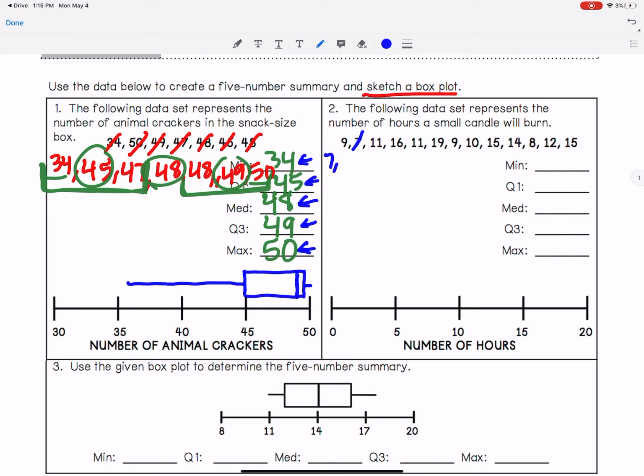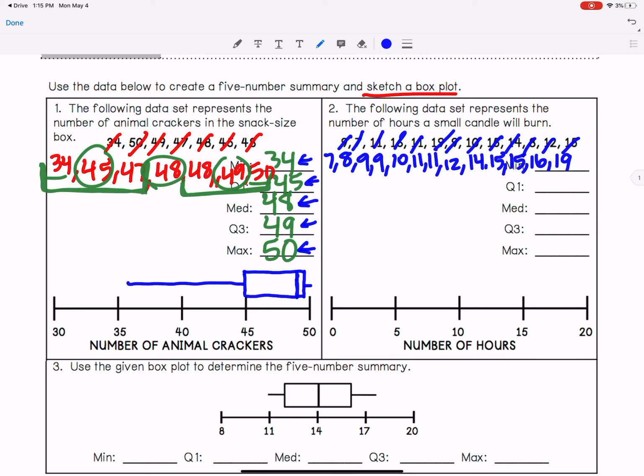And I'm going to try and leave room for all my numbers here. 8, 9, I have another 9, 10, 11, 11, 12, 14, 15, 15, 16, and 19. Okay, that looks pretty good.